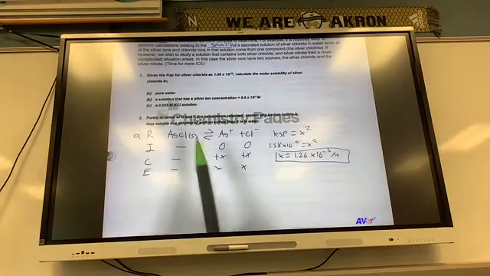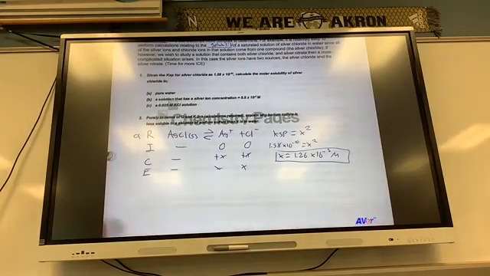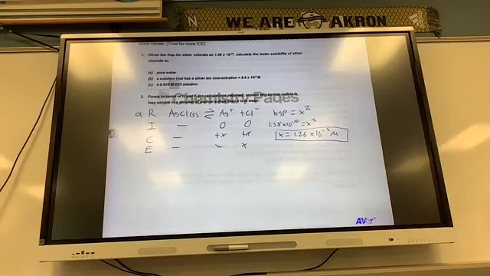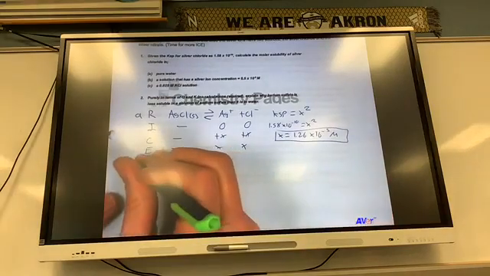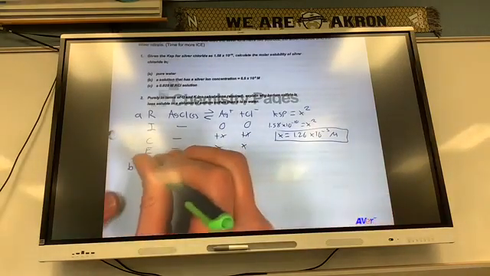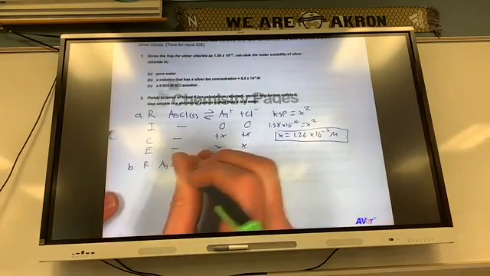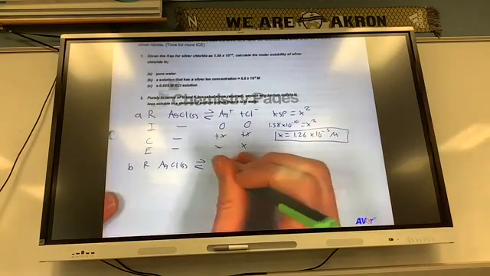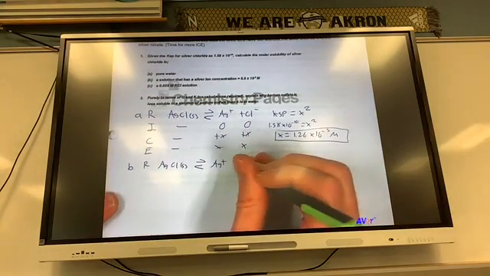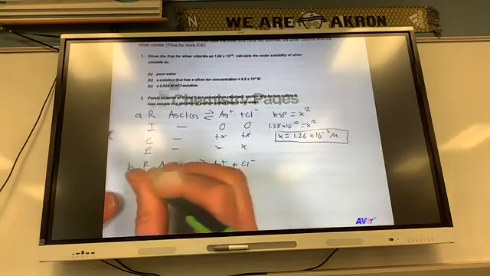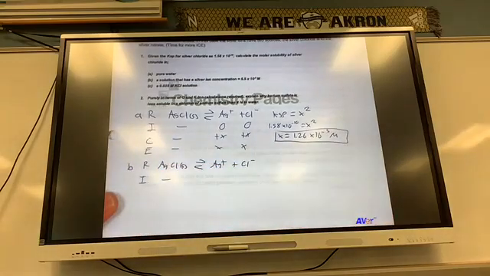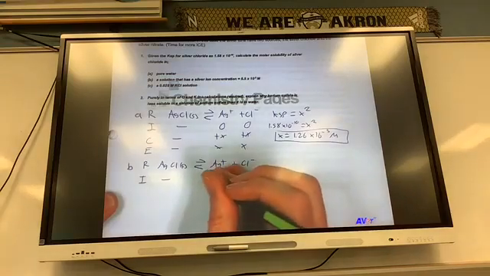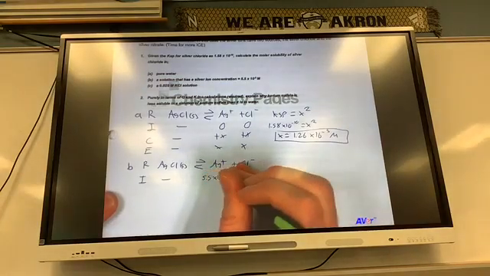On B, that changes. So letter B, let's write our equation again. It's going to be the same equation. So my reaction is still AgCl solid is in equilibrium with Ag plus Cl minus. Initial, solid not part of it. What is my initial concentration of Ag? It's 5.5 times 10 to the negative 3rd molar.